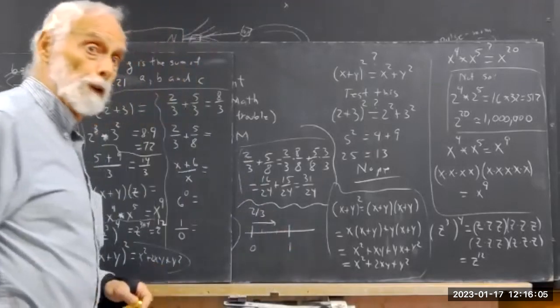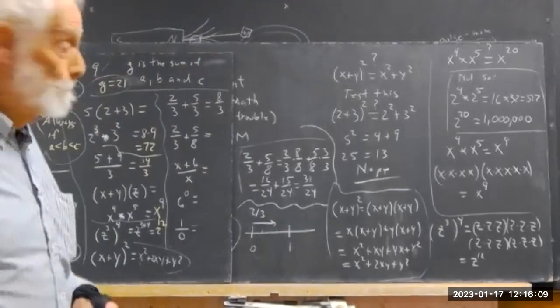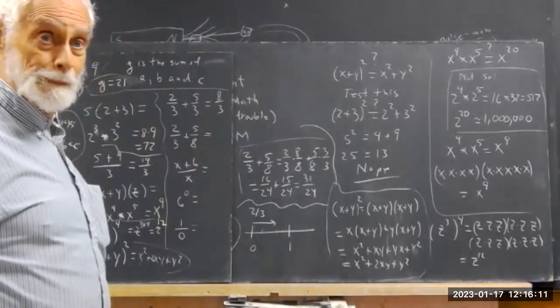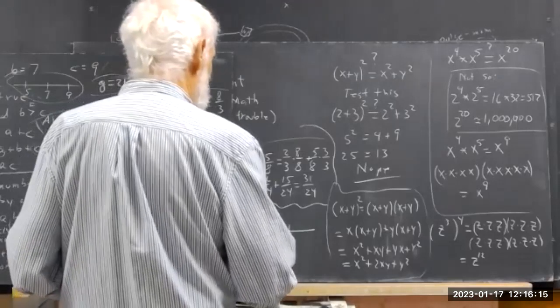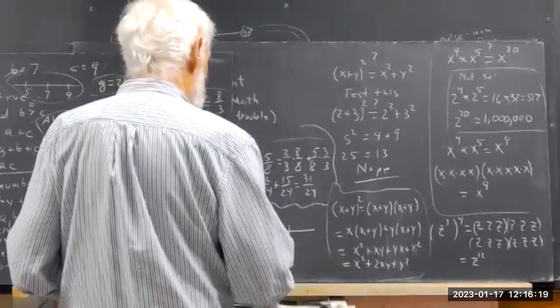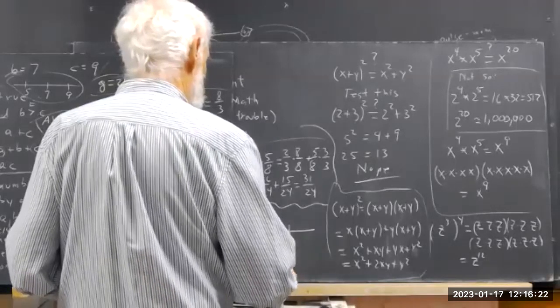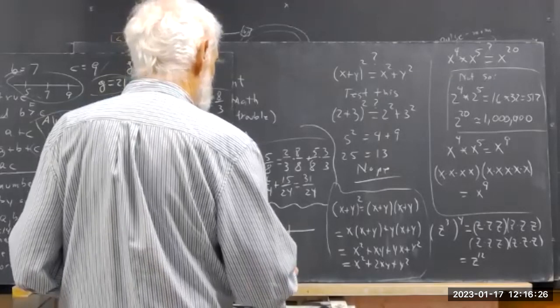I can represent 2/3 by an arrow. That's how big 2/3 is, right? And what about 5/8? Well, I'd have to divide this interval into 8 parts. Let's see. I divide it in half, divide each of those in half, divide each of those in half. 1, 2, 3, 4, 5. That's 5/8.